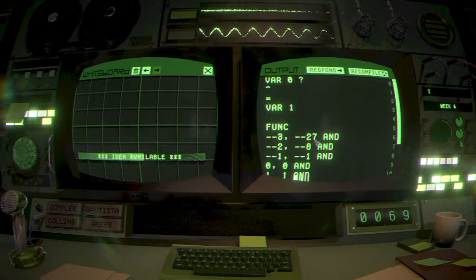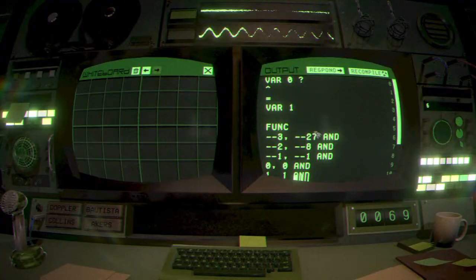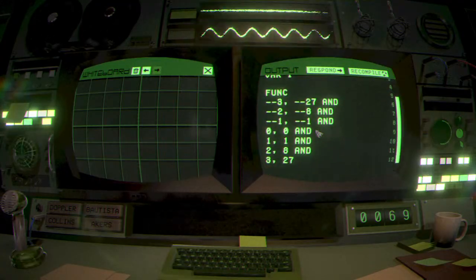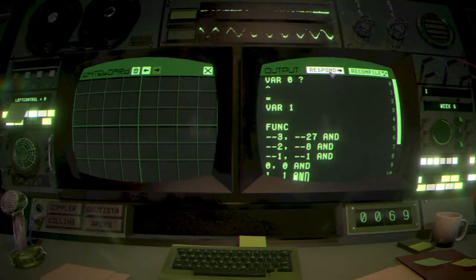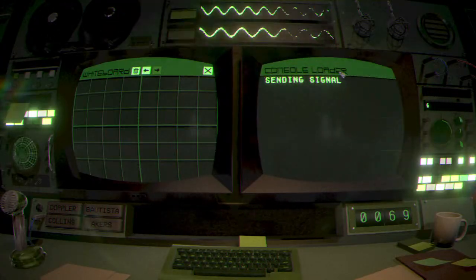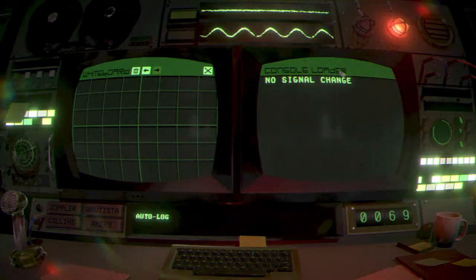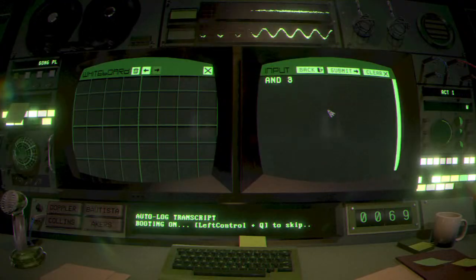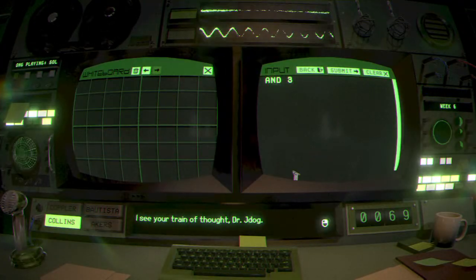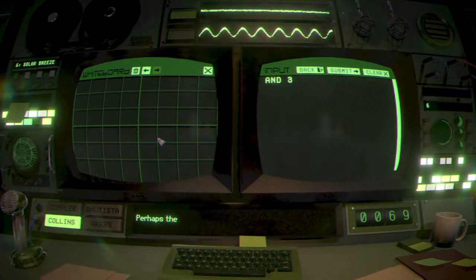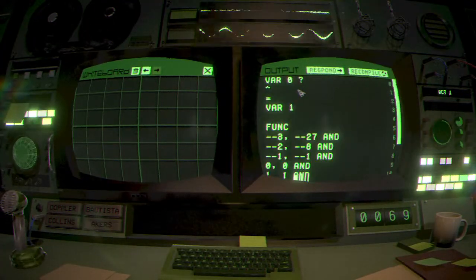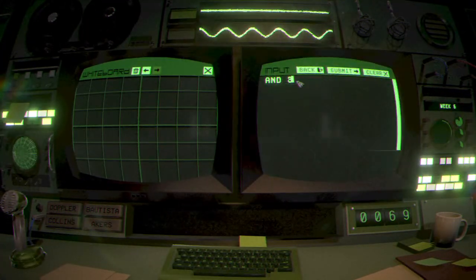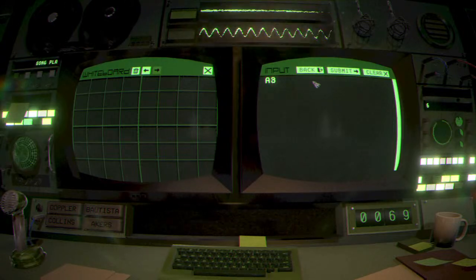It looks like it's cubed, so that means I should be doing 3 and 3. No? Why? I see your train of thought, Dr. J-Dog. Perhaps the and is not needed. Why wouldn't it be needed?